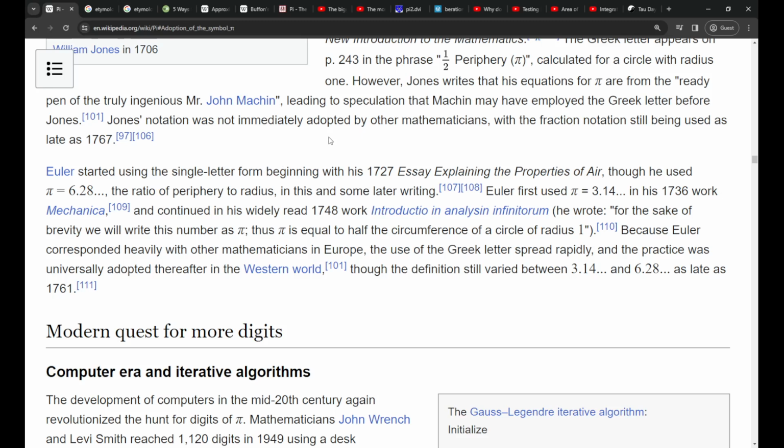Euler first used pi equals 3.14, etc. in his 1736 work Mechanica, and continued in his widely read 1748 work Introductio in Analysin Infinitorum. He wrote, quote, "For the sake of brevity, we will write this number as pi. Thus pi is equal to half the circumference of a circle of radius 1."